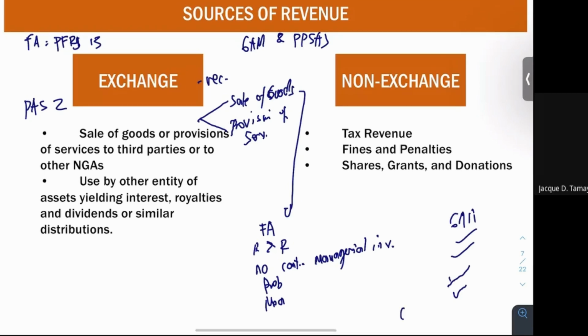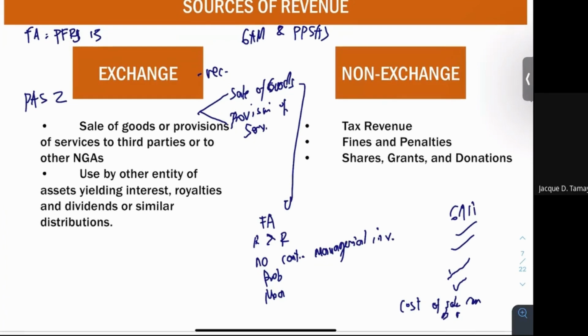Meaning the cost of your sale can be measured reliably. This is quite new with government accounting. The same rules apply on measurement, which is still fair value. The difference only is the last item, the measurement of the cost of your sale.